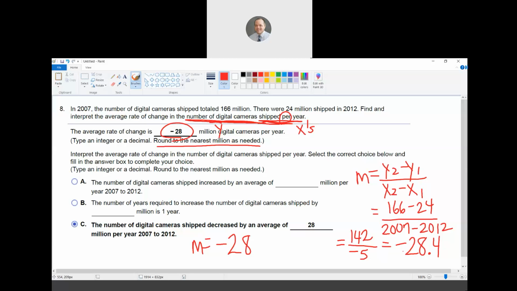Those mean positive slope. C is the correct answer. The number of digital cameras shipped decreased by an average of 28 million per year for 2007 to 2012.